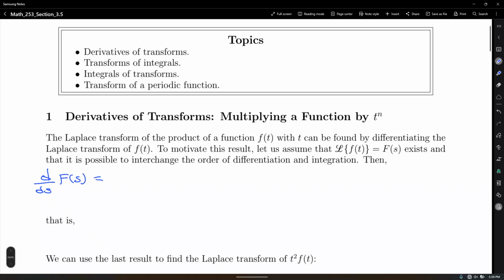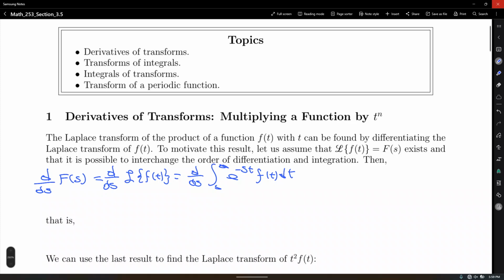This is the same as saying the derivative d/ds of the Laplace transform of f of t. By definition, that's d/ds of the integral from 0 to infinity of e to the negative st, f of t, dt. Again, back to the original integral definition of the Laplace transform.